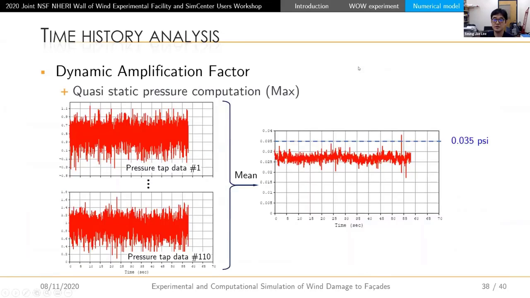And then, well, 50 miles per hour is not much compared to Category 5 hurricane wind speed, but we just wanted to see how much dynamic amplification is shown.